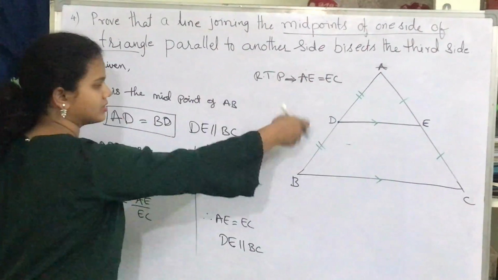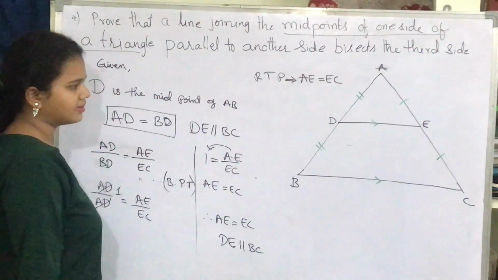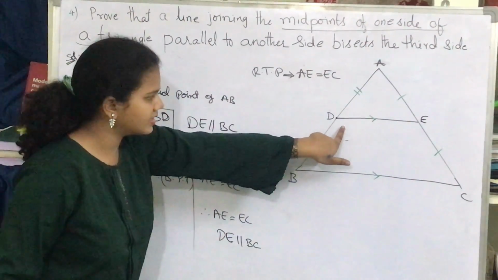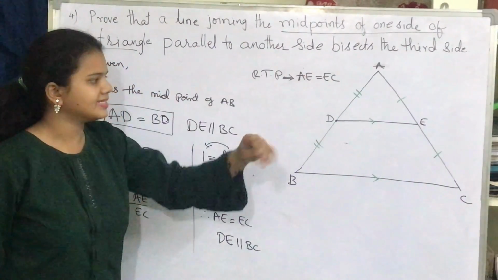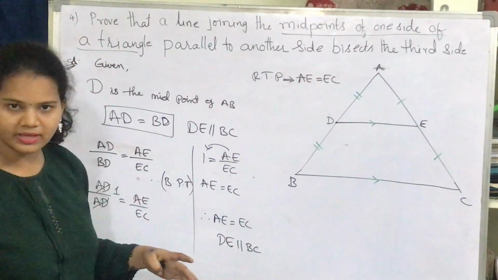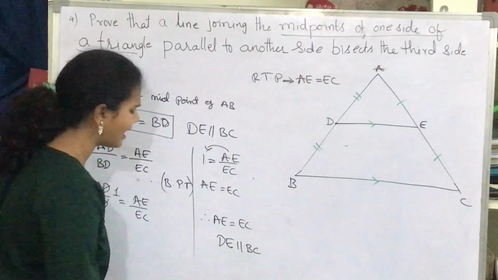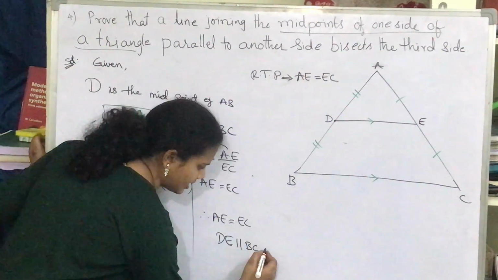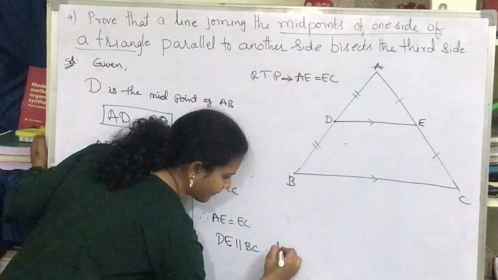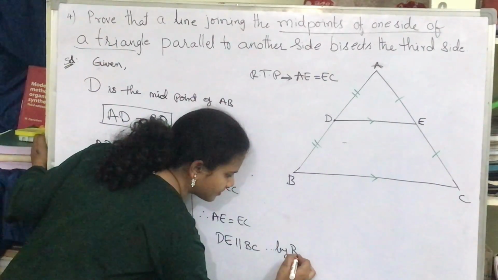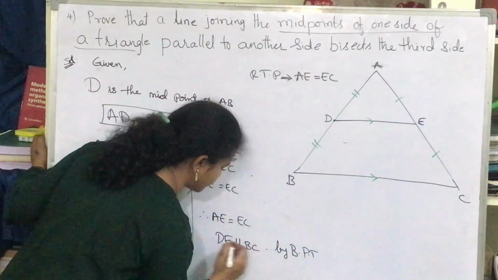When two sides are divided equally, the line joining them will also be parallel to the other side. So I can write that DE is parallel to BC by BPT, or the basic proportionality theorem.